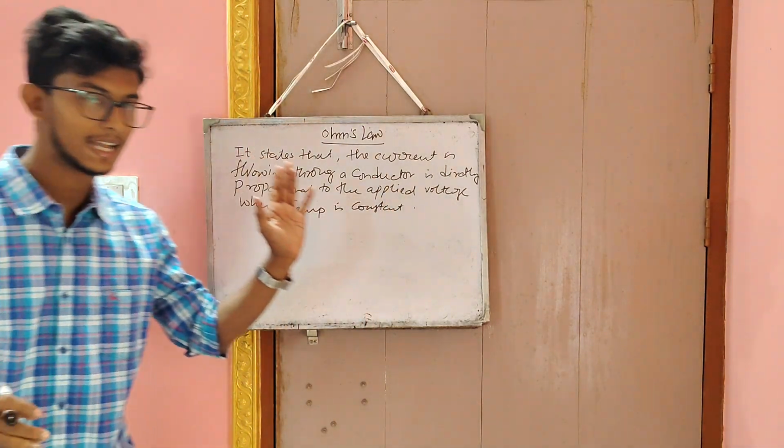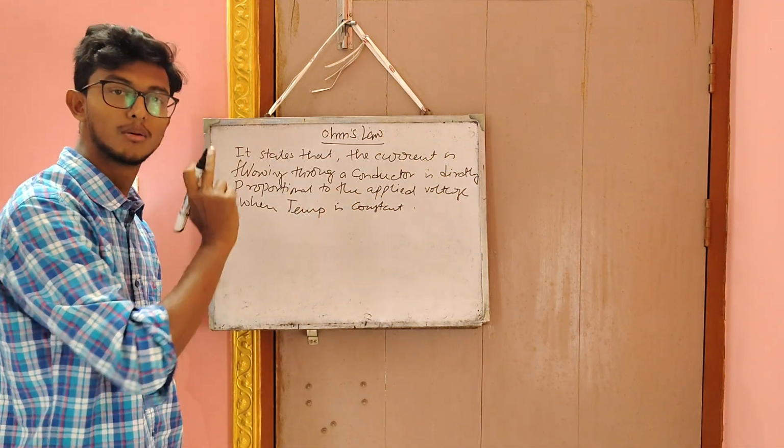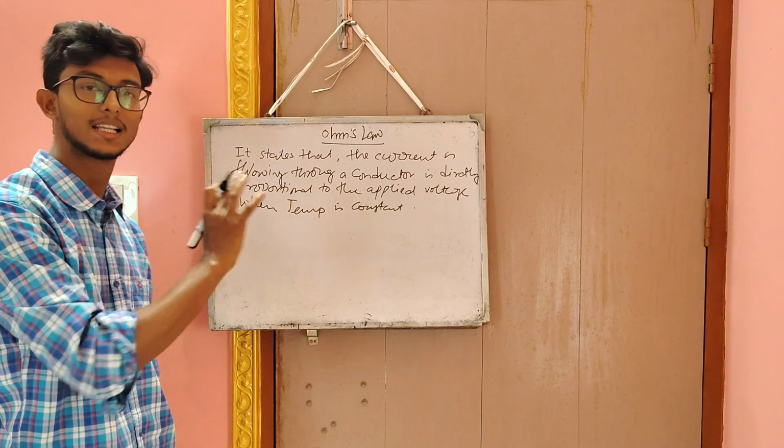Okay, so it states that the current flowing through the conductor is directly proportional to the voltage of the conductor when temperature is constant.